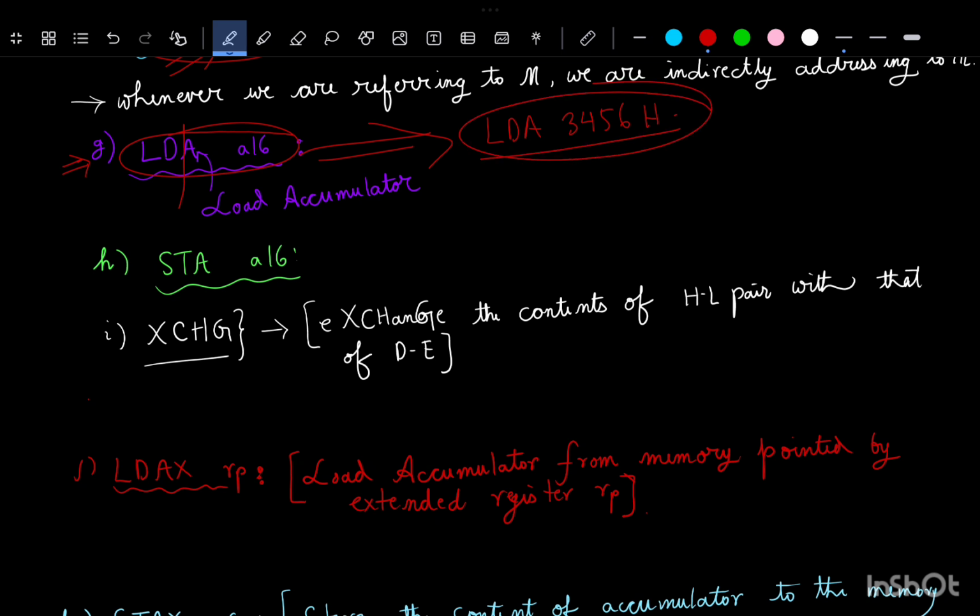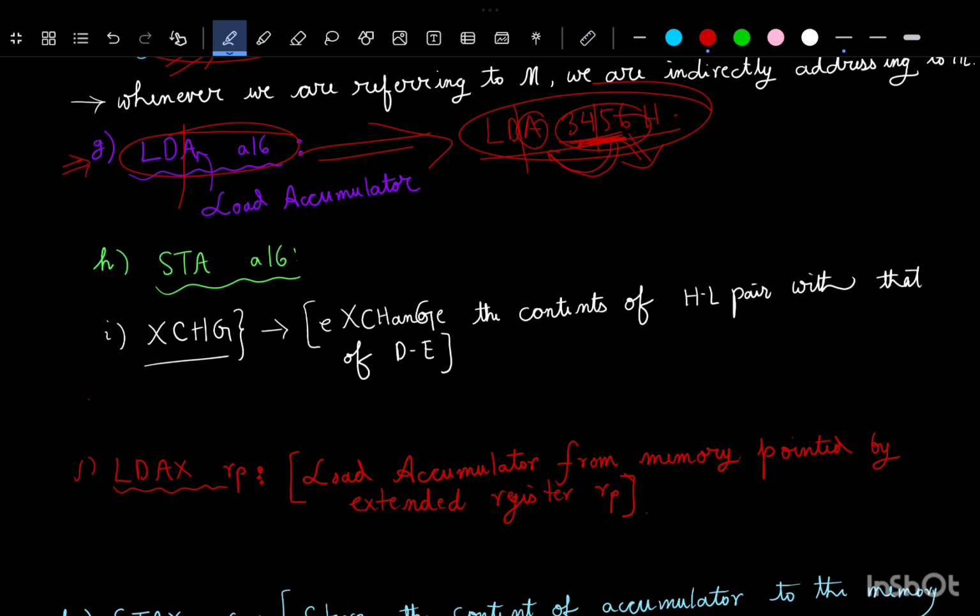Load accumulator, not with this data. This is not the data. This is 16-bit, and the accumulator is 8-bit, so this 16-bit cannot be loaded to the accumulator. So this is not the data which is to be loaded, but this is the address, right?